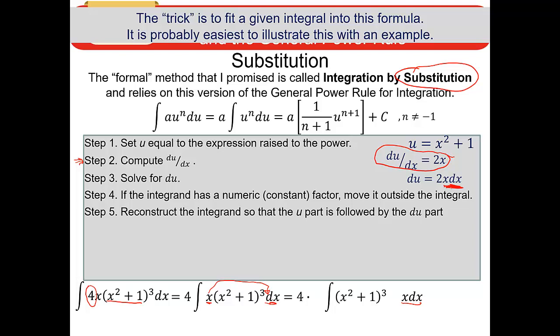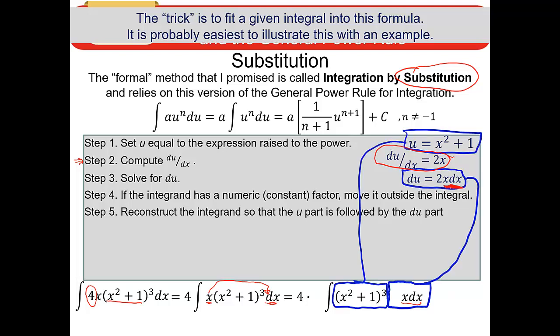Okay, once I do that, I've got to remember that the first part of the integrand is going to be the u part, and that works perfectly. The u is the base of that exponent, so it's going to be u raised to the third power. But the du is not quite right. I'm missing a factor of 2.